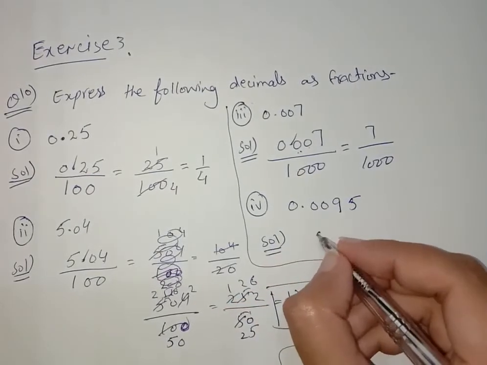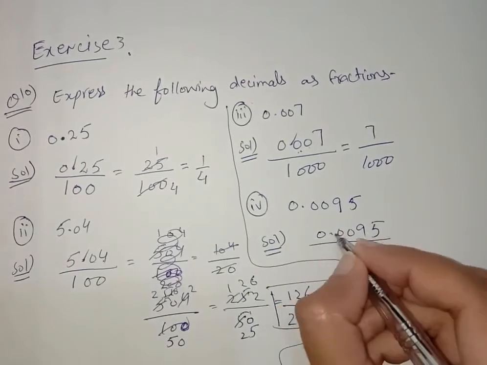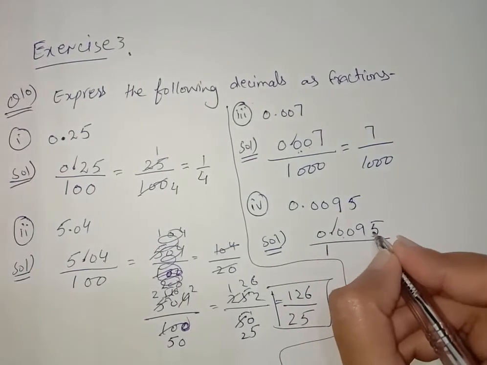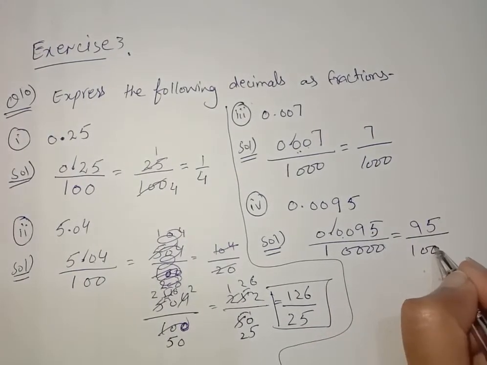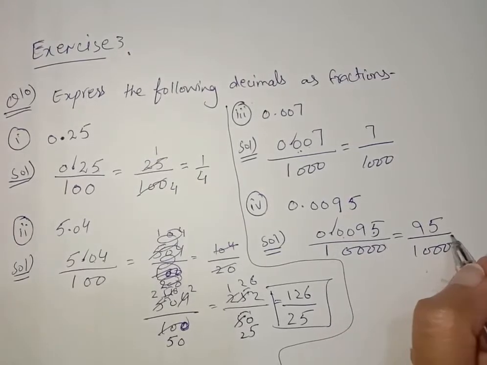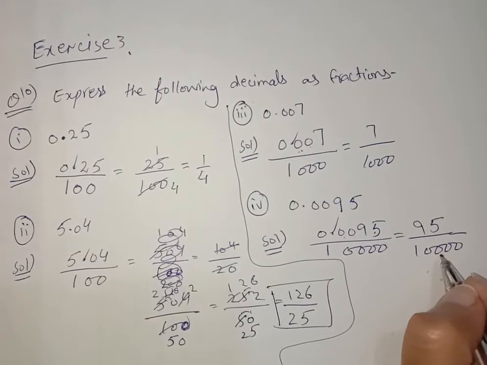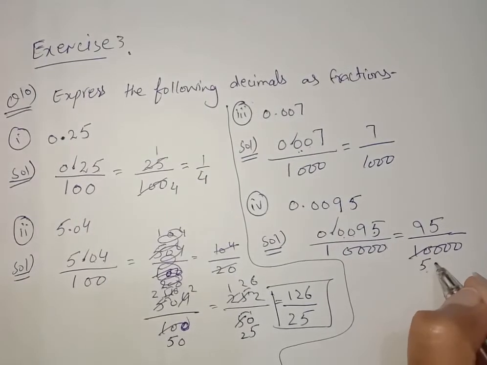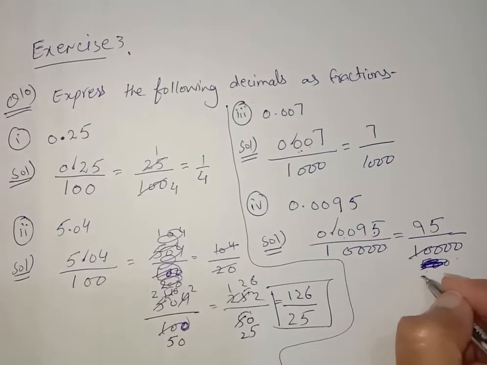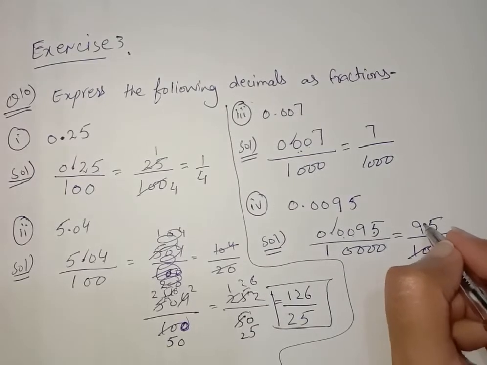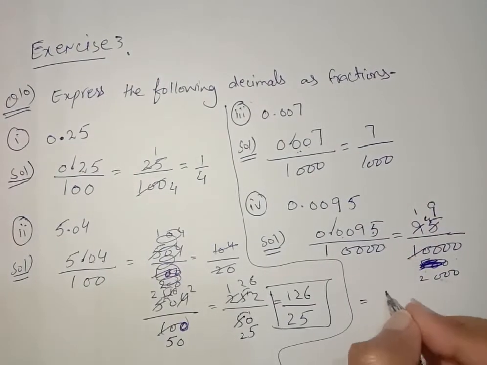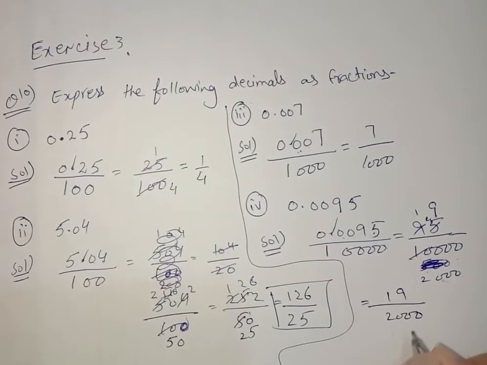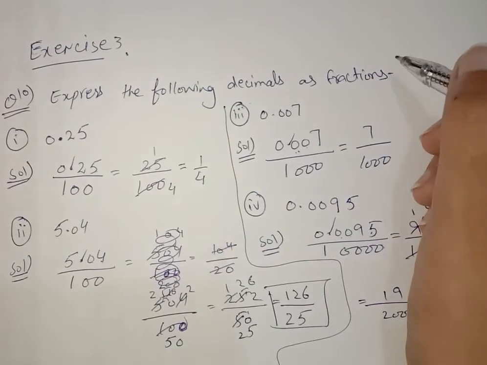Point removes, 1 comes, and there are 4 digits, so we place 4 zeros. 95 by 10,000 is over, we can say it is an answer, but it can be cut further. They do not come in the table of 2, they come in the table of 5. 5 2s are 10, 5 1s are 5, 5 9s are 45. 19 by 2000 is our answer.